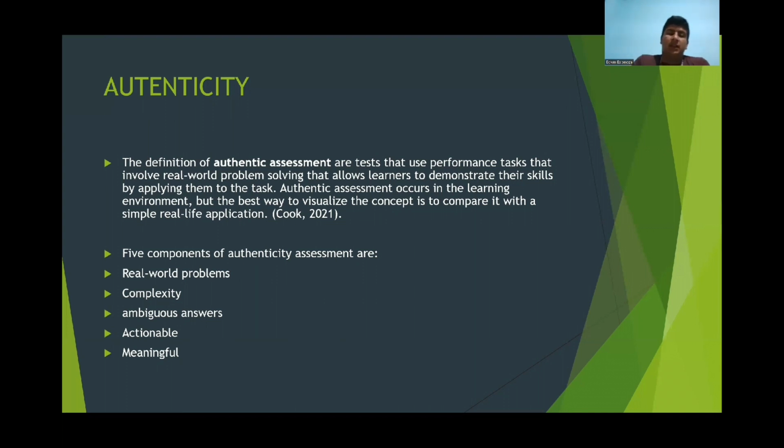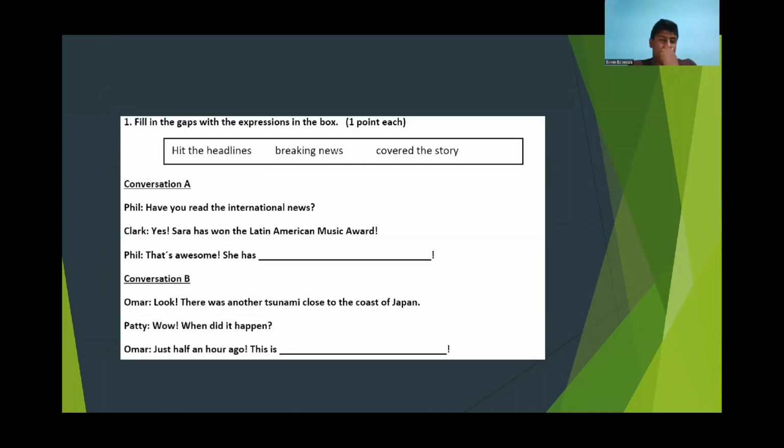In this example, number one, fill in the gaps with the expressions in the box. I have used two conversations, between Phil and Clark and between Omar and Patty.